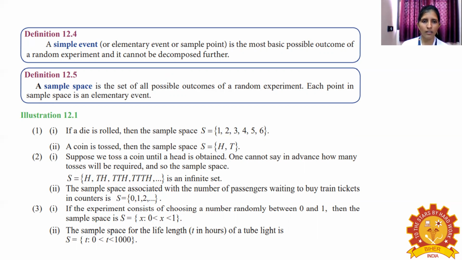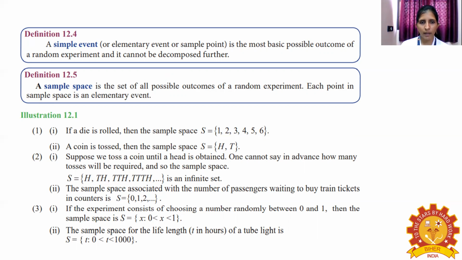And suppose we toss a coin until a head is obtained, one cannot say in advance how many tosses will be required. And so the sample space is S equal to {H, TH, TTH, TTTH, and so on}, and it is said to be an infinite set.